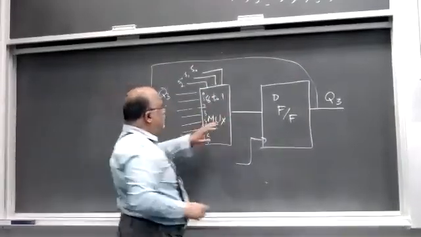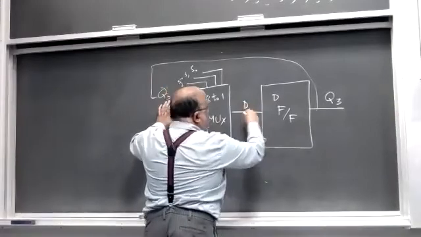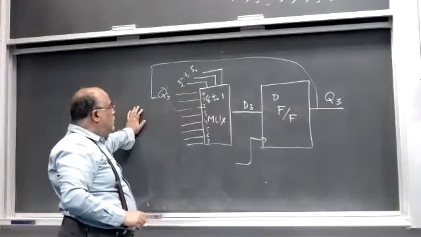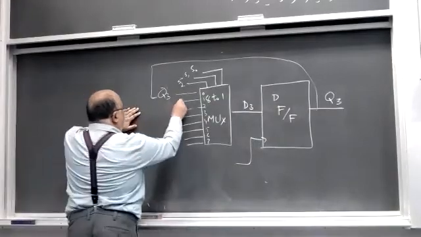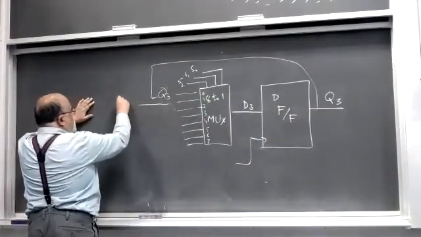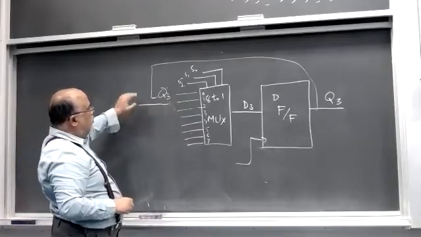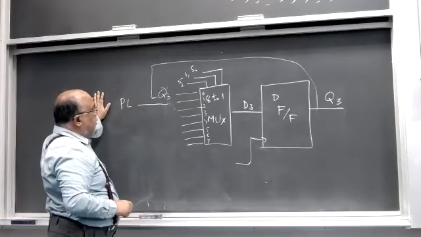This value is copied to D input, and that is copied to the output. So no change. Here we can say that we want to do parallel load. Some value we want to load with these select lines.